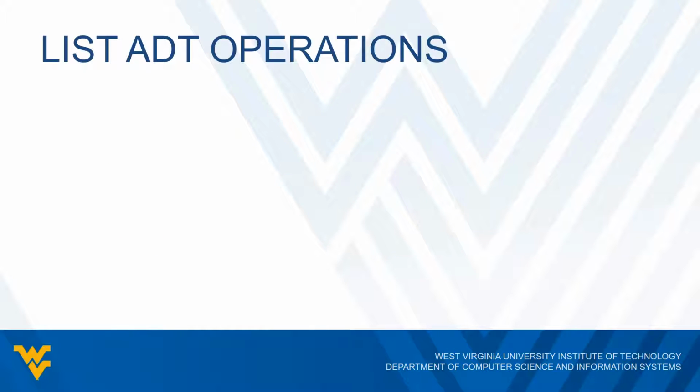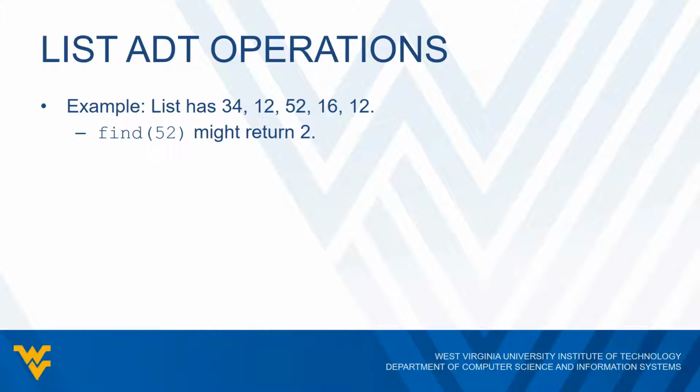Let's take a look at an example. Let's say our list is 34, 12, 52, 16, and 12. If we were to do find 52, then this may return 2, because it may return the index or the position of where 52 is located.